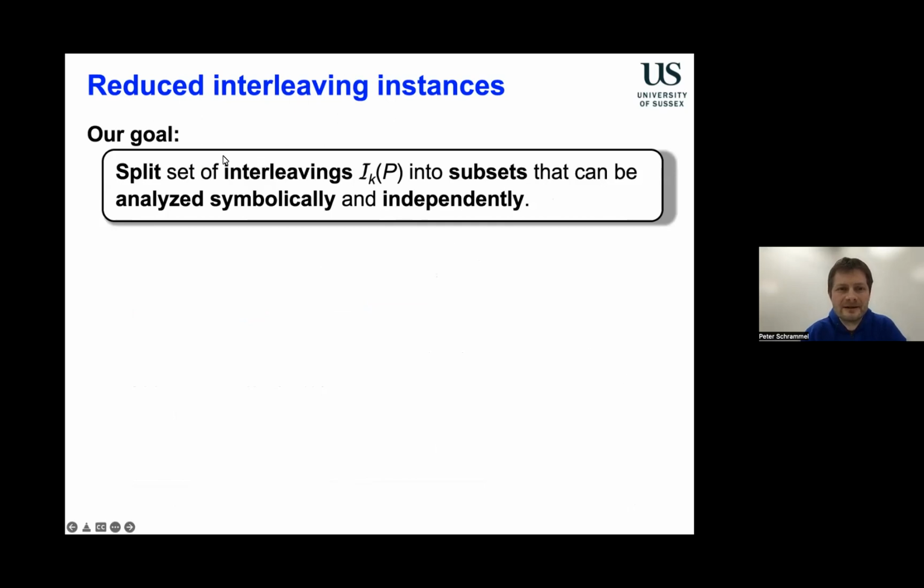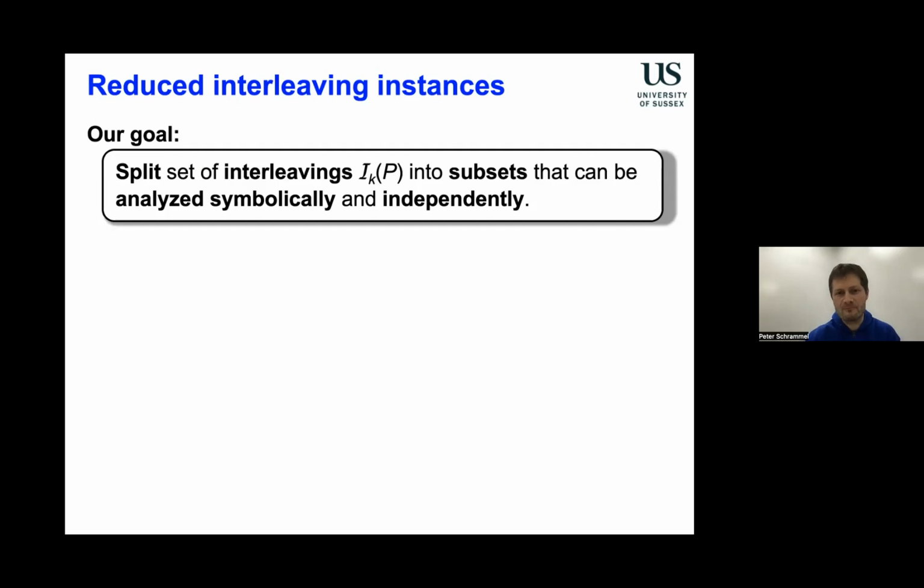Okay, thanks. Coming back to the problem of concurrent programs and how we split these interleavings. We denote the set of interleavings I_K(P) here. Eventually we are going to use CSeq for solving these independent tasks, and CSeq uses context bounding. It looks at executions of these concurrent programs that have at most K context switches.